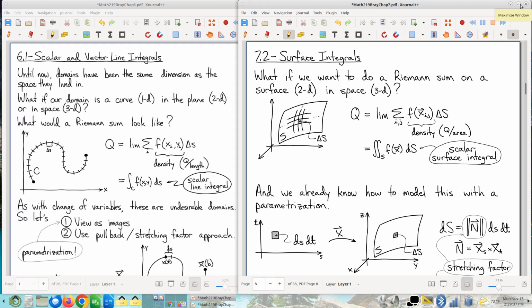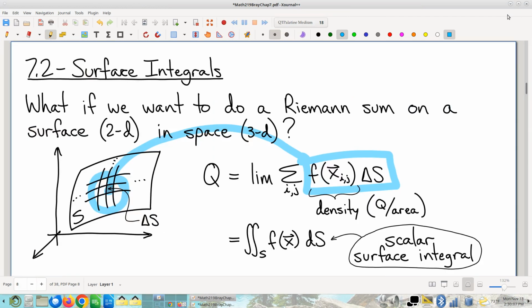Okay. Suppose we want to do something on a surface. How are we going to chop it up, add it up on a surface? Same basic idea. I'm going to chop it into little pieces. I'm going to argue that on each little piece, I'm going to look at stuff per unit area times area.